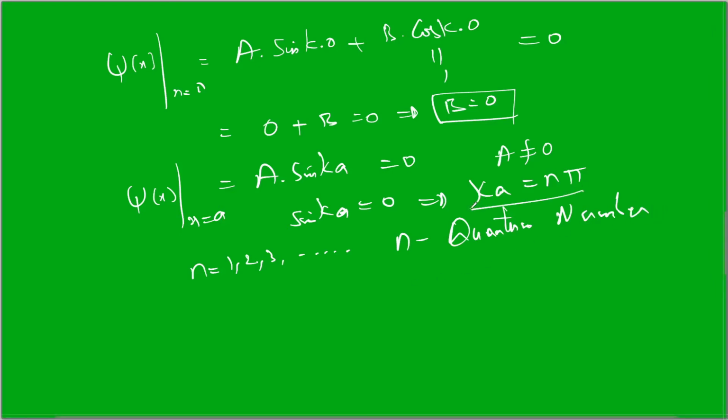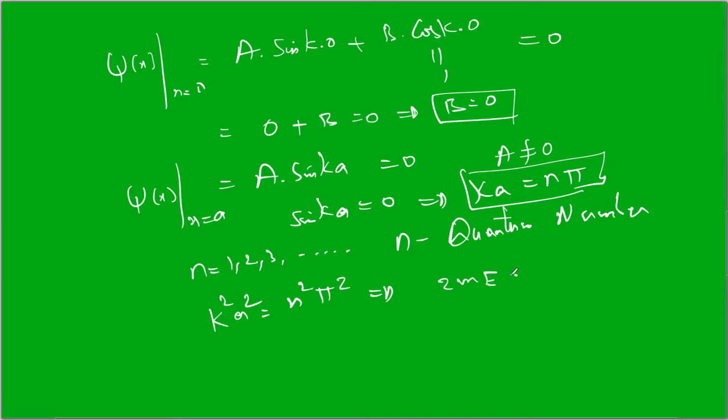From this condition, we'll write the energy spectrum. We'll take square on either side. k square a square is equal to n square pi square. This implies 2mE a square upon h bar square is equal to n square pi square.